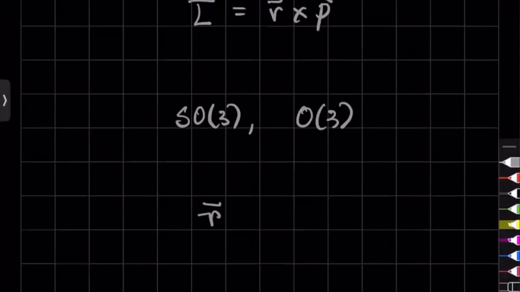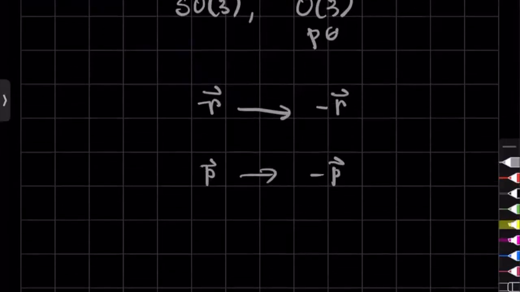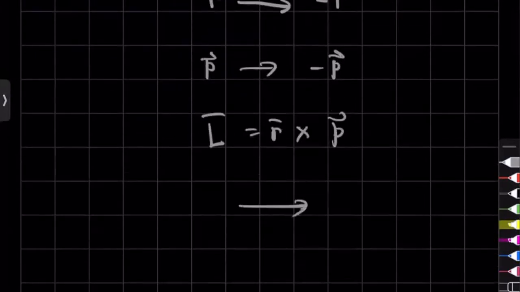If I take a parity transformation, which is in O3 but not in SO3, then R goes to minus R, and P goes to minus P. But because L is R cross P, under parity it does not flip sign.